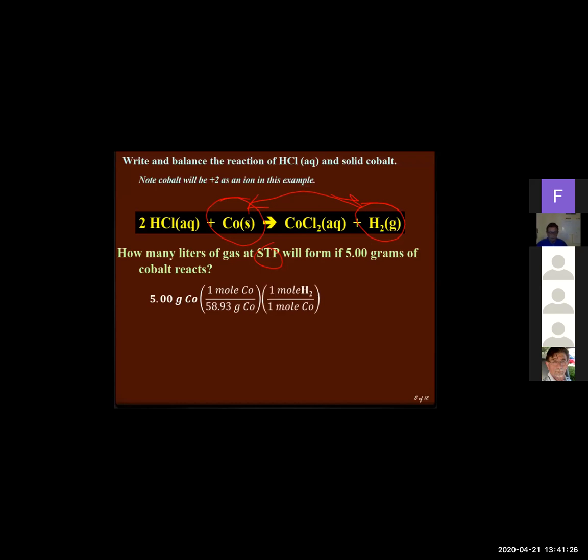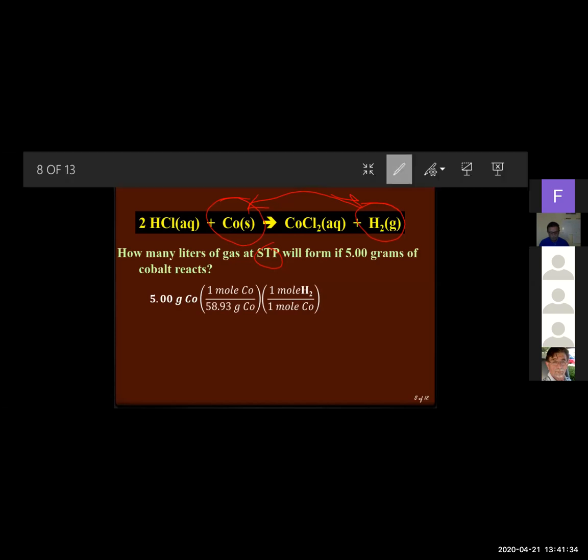Then we look at the relationship from the balanced chemical equation of cobalt and hydrogen. Notice, keeping track of my units here, I got grams cobalt canceling, moles of cobalt canceling. Unit-wise, I'm now where I'm looking for moles of hydrogen.